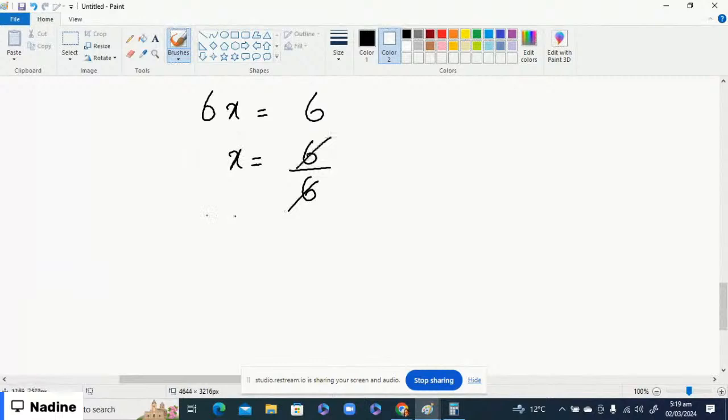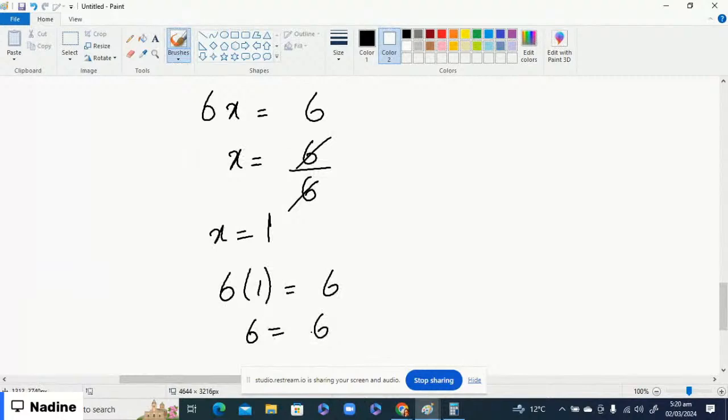Now cancelling out, so your value of x is 1. Let's put this value of x, which is 1, in the equation. So it's 6 into 1, which is equal to 6. Now 6 is equal to 6. It means your answer is right, and you have got the right answer in the end.